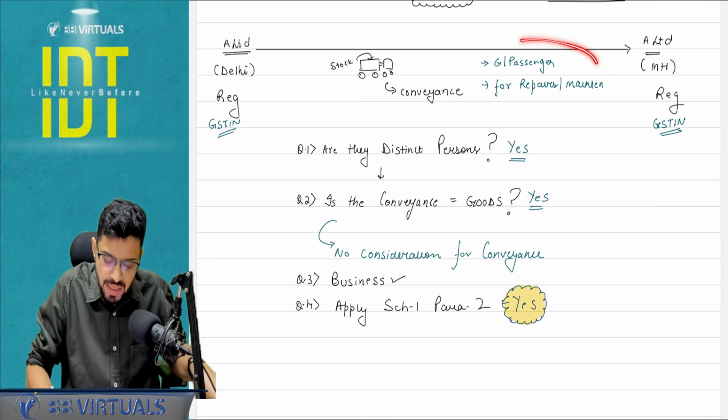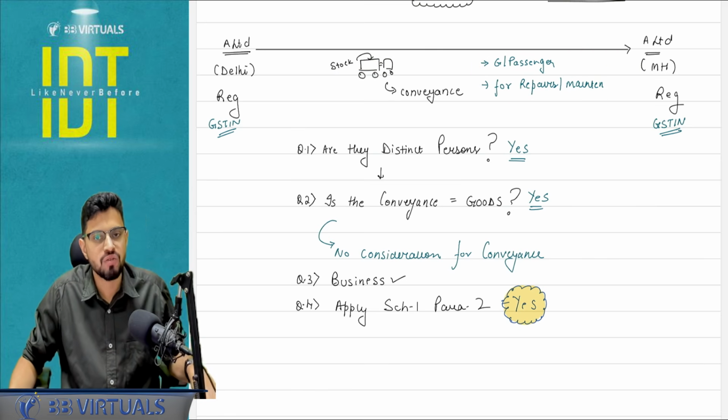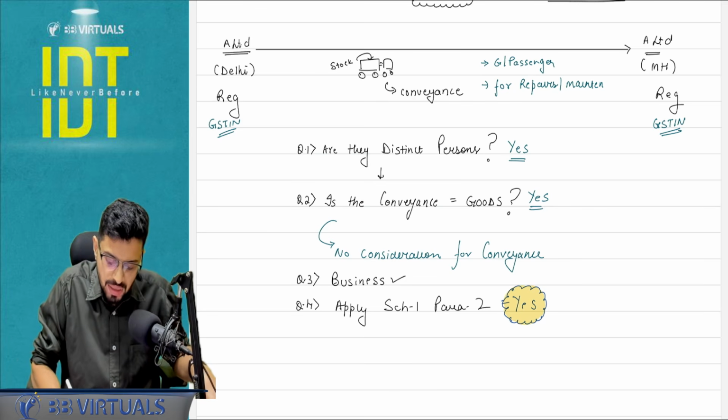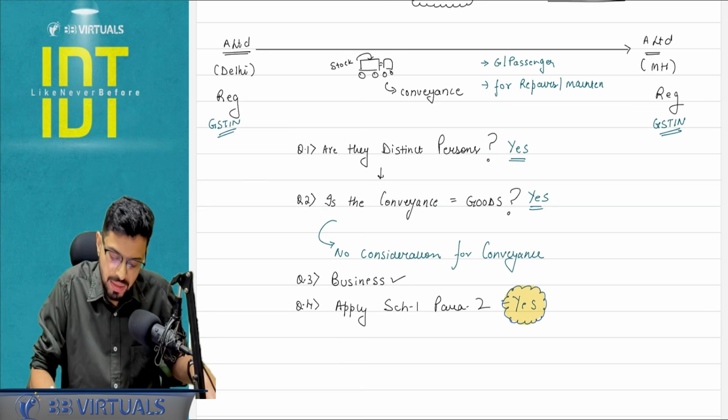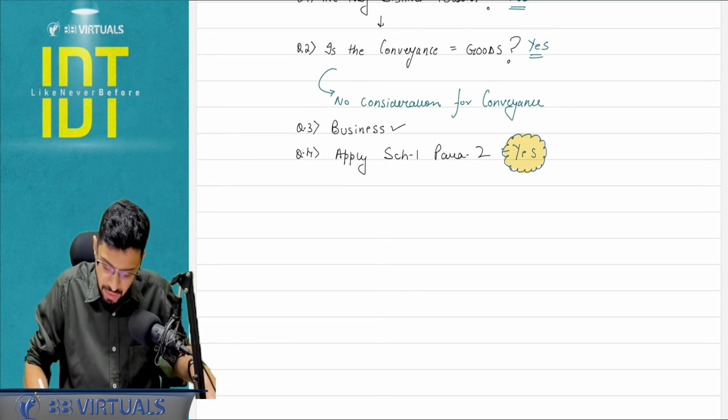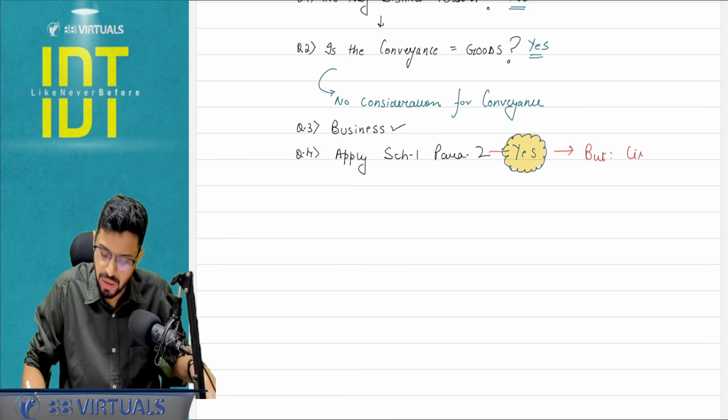So for these reasons, sometimes the conveyance is transferred. In such case, this conveyance transfer will not be considered to be a supply. Ideally yes, but we will get the circular benefit. It will be non-supply.